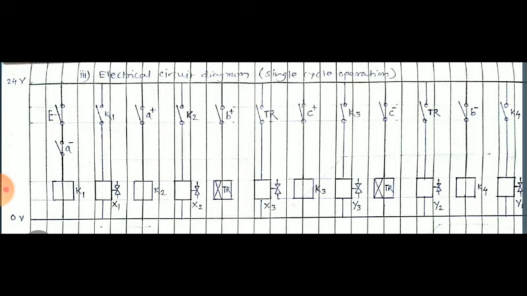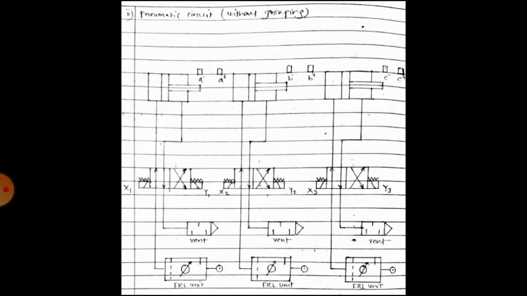Relay coil K1 will activate the relay switch K1, which will energize the solenoid X1. You can see the X1 solenoid in the diagram. When solenoid X1 is energized, there is a straight flow of air, which connects pressure port P to working port A, and working port B is connected to vent. So you will get the forward stroke of cylinder A.